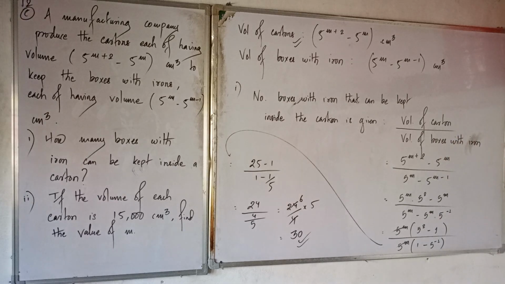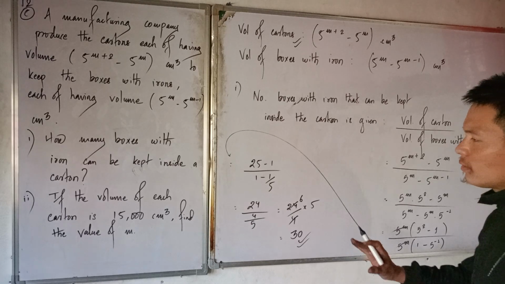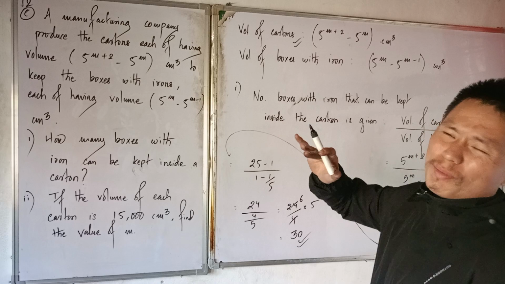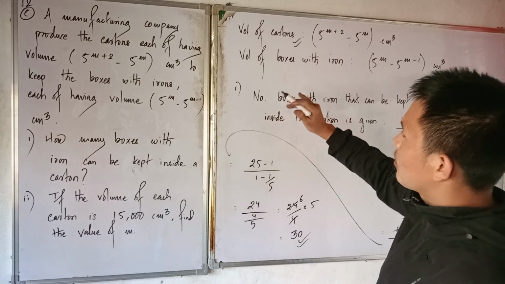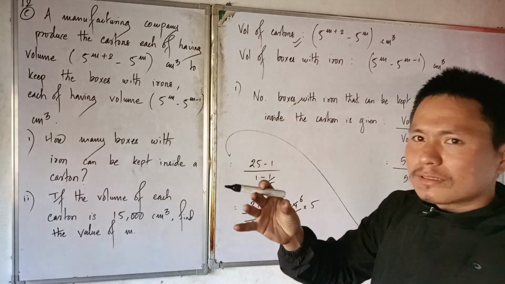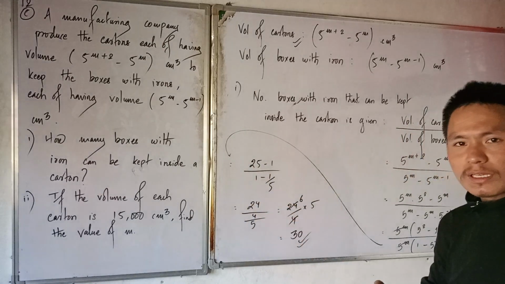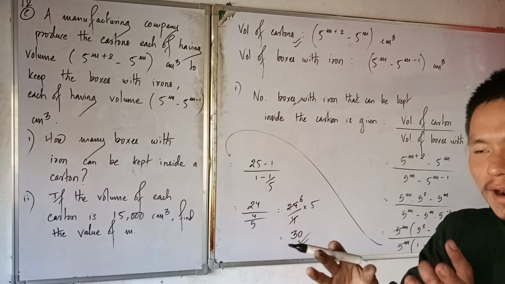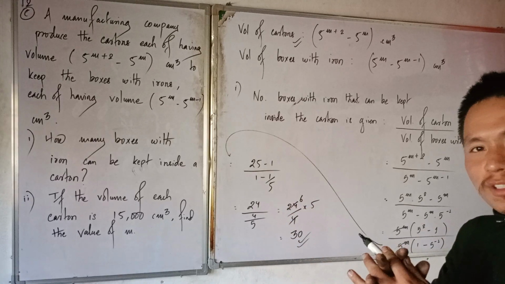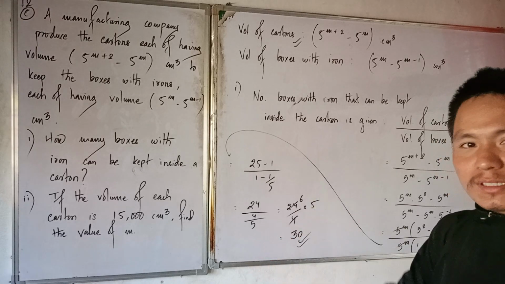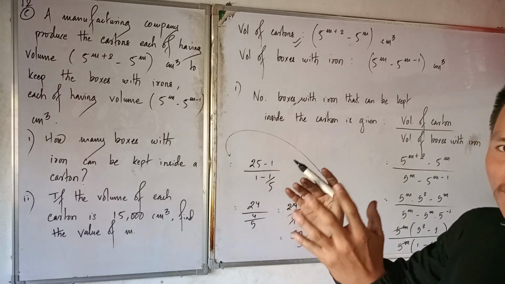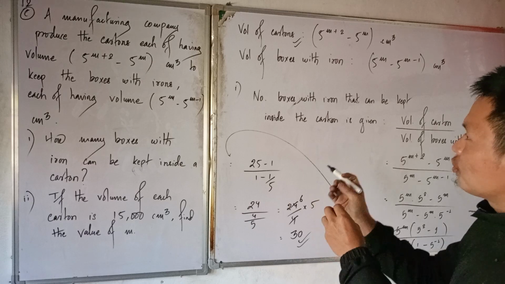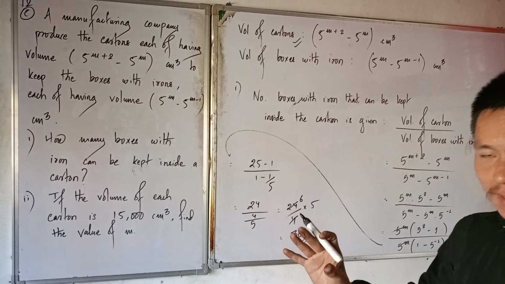Okay, very easy. So this is how you get this. Always remember, while finding out how many things can be kept inside some vessel, you have to divide the volume of the big vessel by the volume of the things which are to be kept inside that vessel.